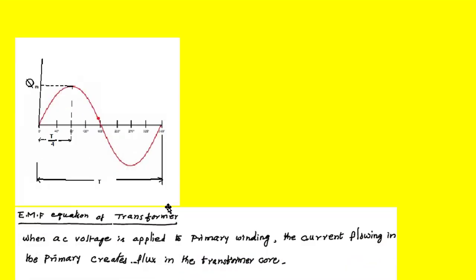Let us say the time period of this waveform is capital T, and let us say at T by 4 the flux reaches its maximum value, called phi m. Taking this into account, we get the EMF equation of the transformer in the primary winding like this.